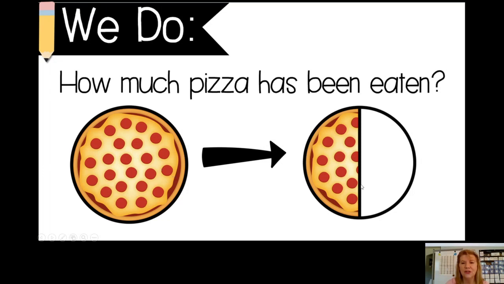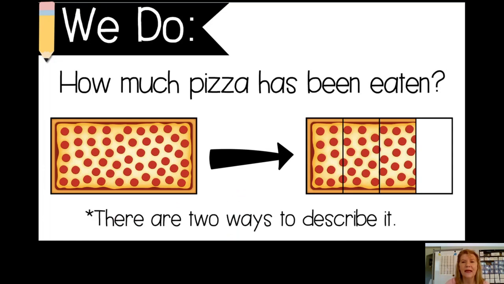We broke it into 2 equal parts. And so that means there are 2 2's, but half is gone. So now there's 1/2. If you got 1/2 of the pizza has been eaten, pat yourself on the back. Good job.